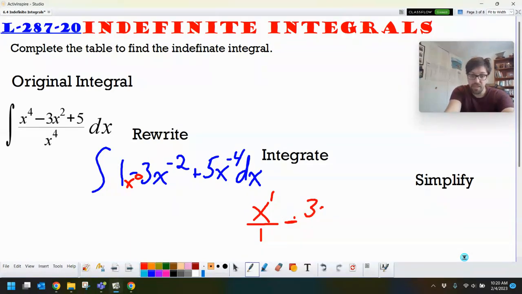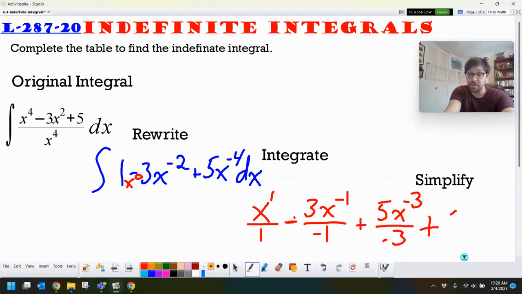Minus 3x, I'm going to add 1 to that negative 2 exponent to make it a negative 1, and then divide by my new exponent, negative 1, then plus 5x to the negative 3 now, over my new exponent, which is negative 3. Now that I am done, I still need that constant of integration. I need to add on that plus c.